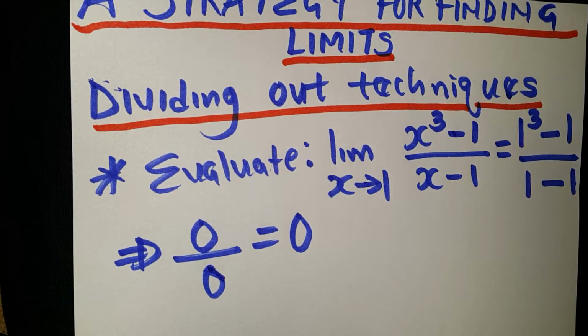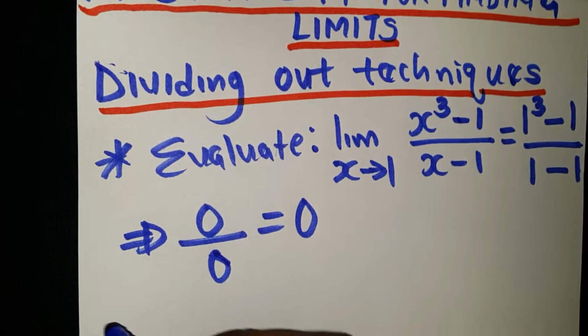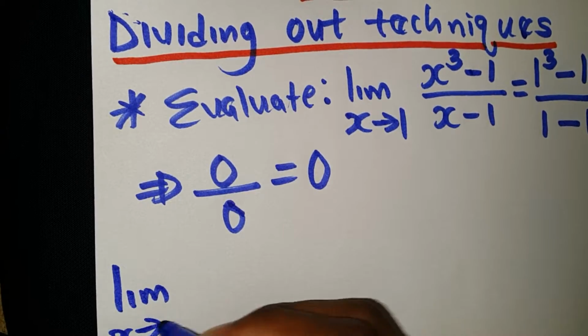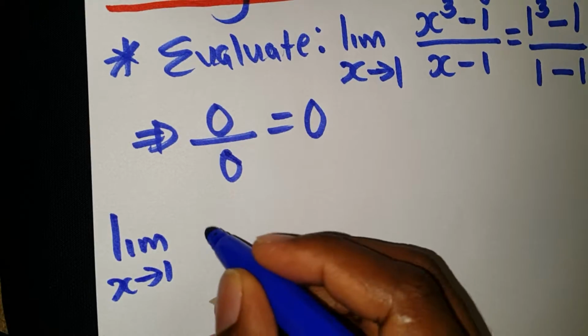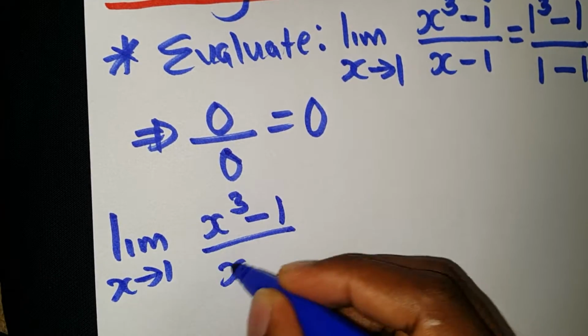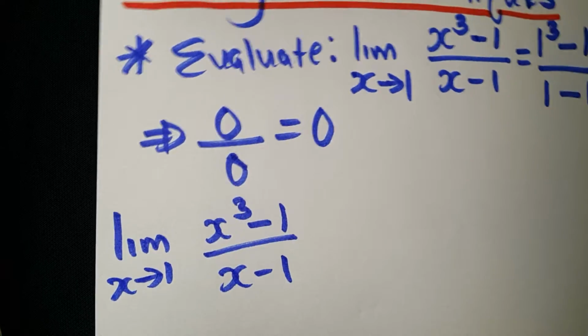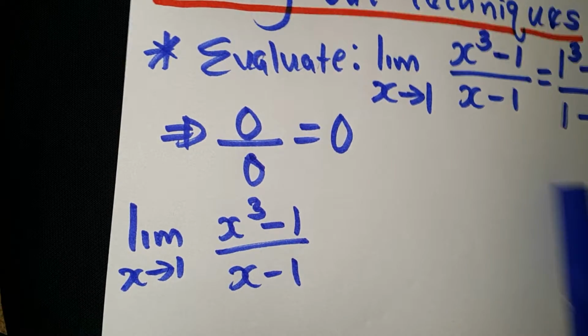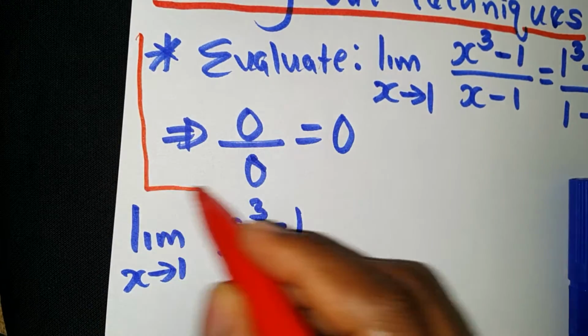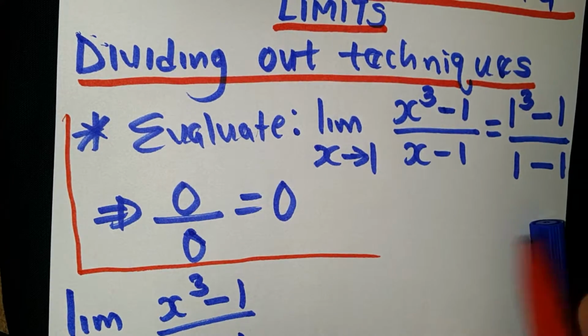So how do we solve this? Let me rewrite the function. We have limit x tends to 1, x cubed minus 1 divided by x minus 1. The first thing you have to do here, you have to check first.